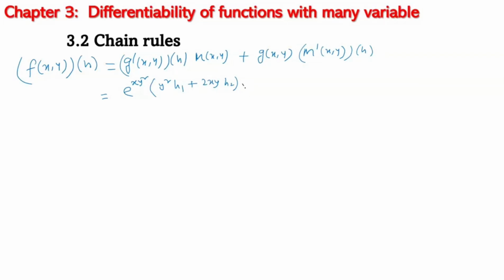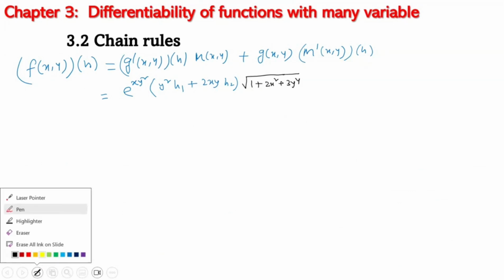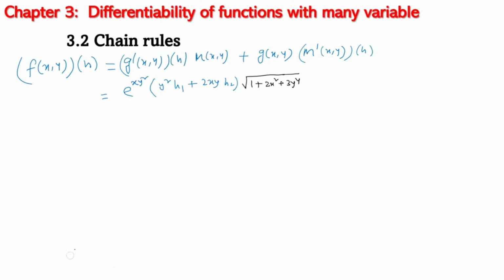M is the square root of 1 plus 2x square plus 3y to the power 4, plus g, which is e to the power x y square, times the derivative m dash (x,y) h.